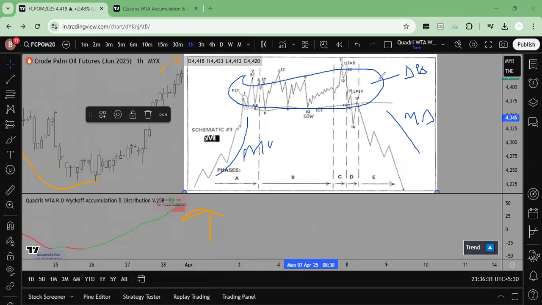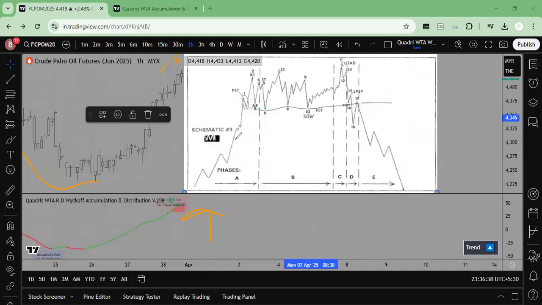So basically, what Wyckoff did is he gave some schematics. Schematics are just a way of analyzing either accumulation or distribution in a simpler way. So here, prices are approaching upwards.